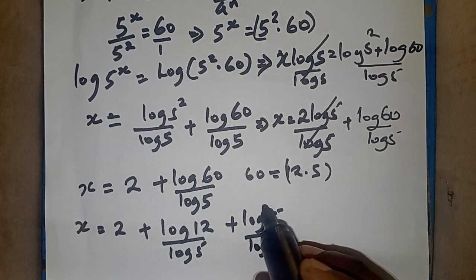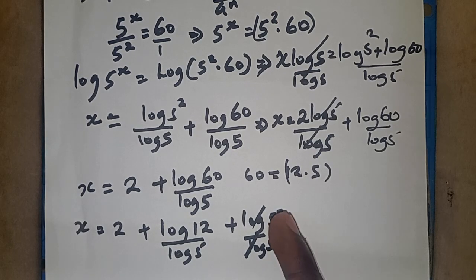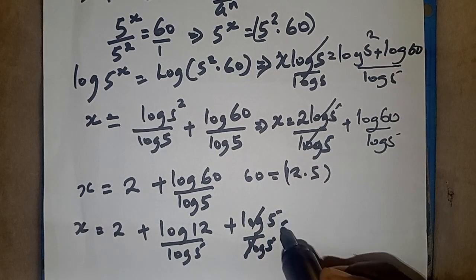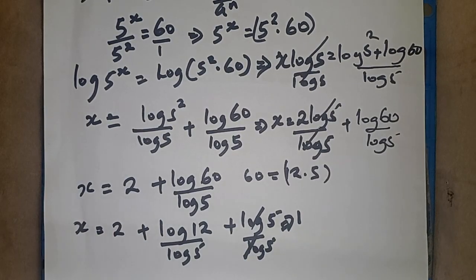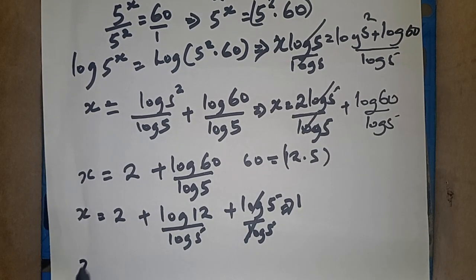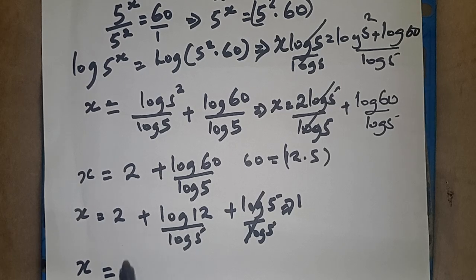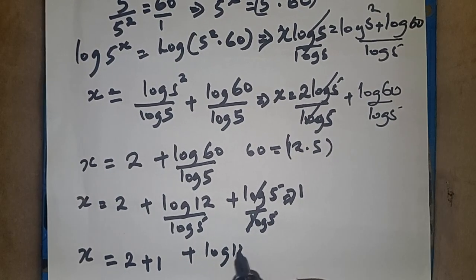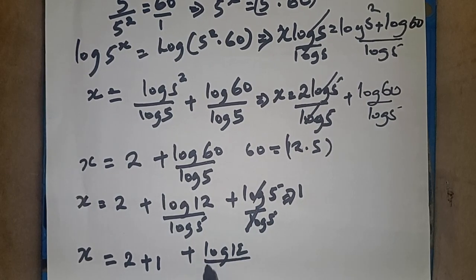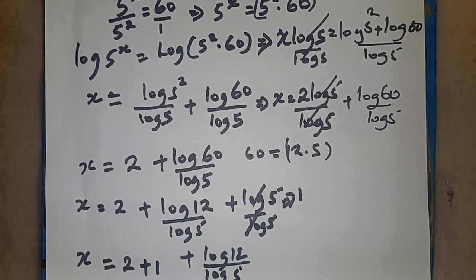Then it is very evident that this and this cancel and I remain with 1. And this 1 I can add to the 2 to get x is equal to 2 plus 1, plus the log 12 divided by the log 5.